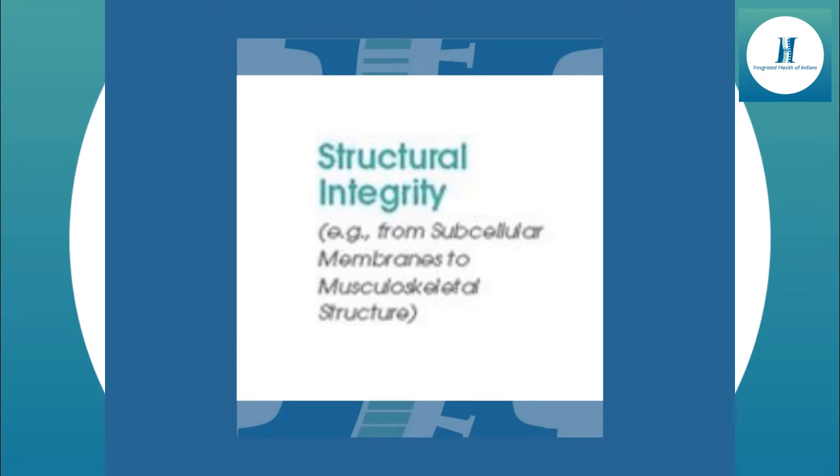And like I said before, structural integrity goes everything from the subcellular membranes to the musculoskeletal structure. And it's one of those things that's so vast and so proliferative that I could talk on this for weeks, just this part.